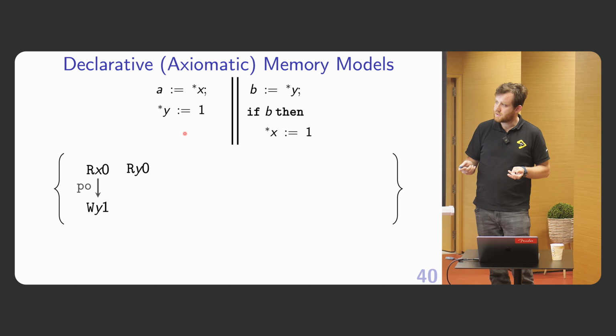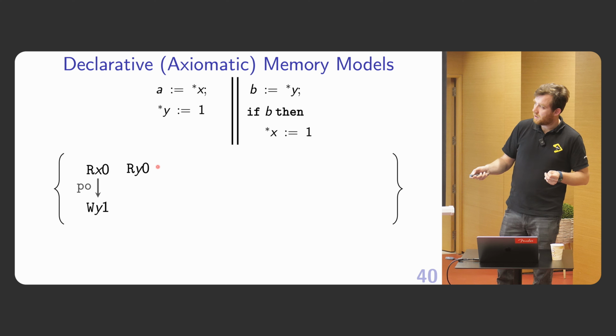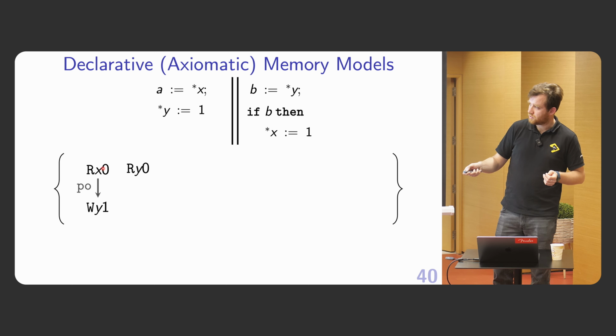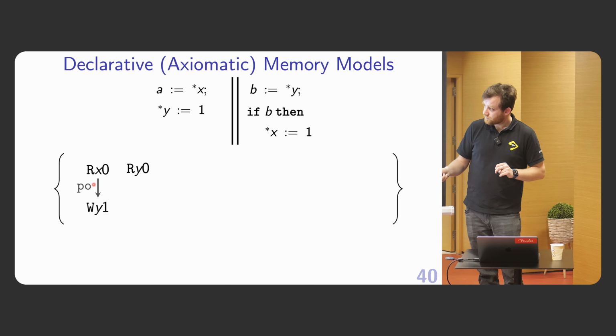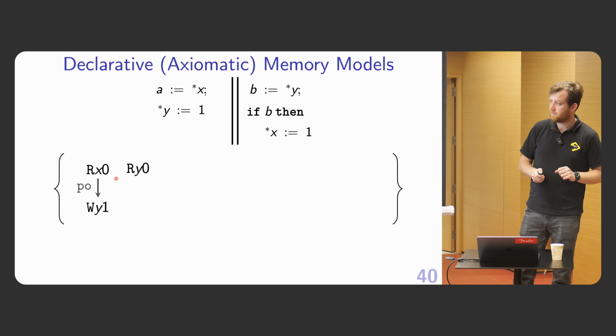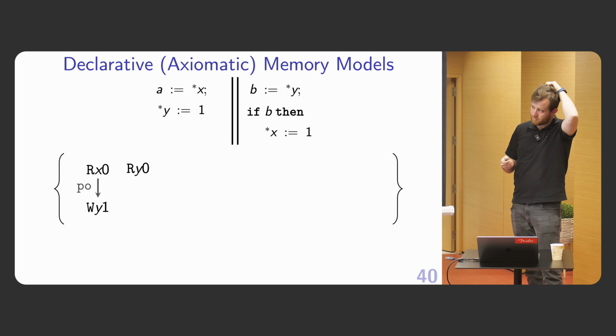In the graphs, the vertices are different memory accesses. Here, in this execution, we have 3 memory accesses: 2 reads corresponding to these 2 read instructions, and one write corresponding to this write instruction. Edges in the graphs are different relations among the memory accesses.